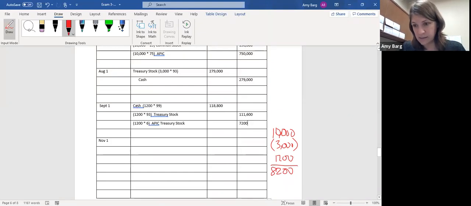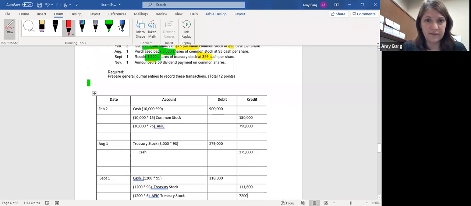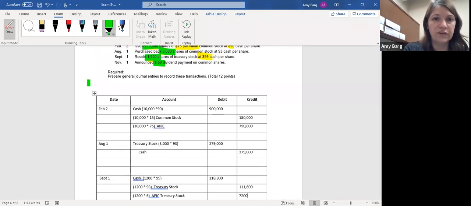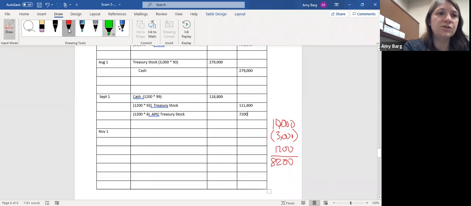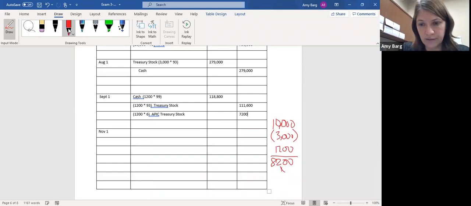And it tells us that we issued the dividend for 50 cents a piece. So if we have 8,200 shares that we're issuing a 50-cent dividend on, that means that the dividend is for $4,100.